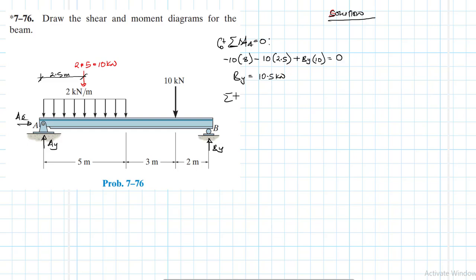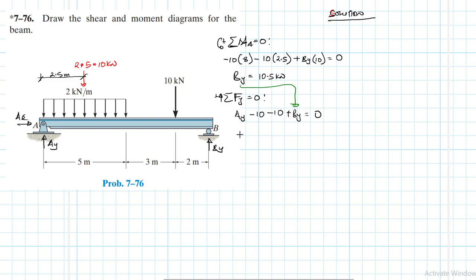And then we move on to another equation, summation of forces in the y direction. What we have? We have Ay minus 10 plus By equal to 0. We've already calculated what By is, which is this one here.